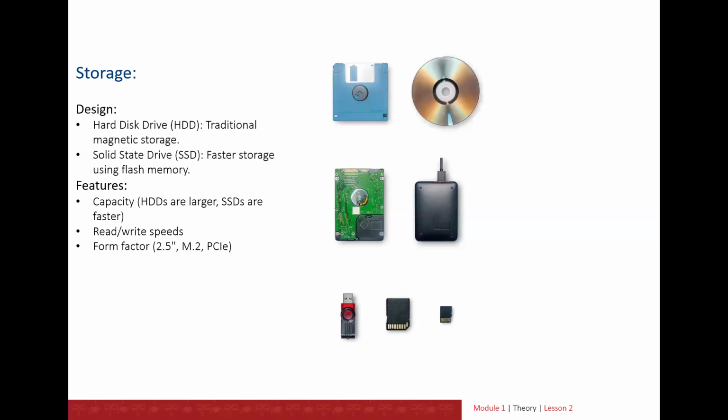Storage refers to the component of a computer that holds the data, files, applications, and systems, but it's not like RAM. It's not temporary, it is permanent. RAM is volatile and loses the data when the power is off, but storage is non-volatile. What does it mean? Even if the power is off, you retain the data in your storage disk.